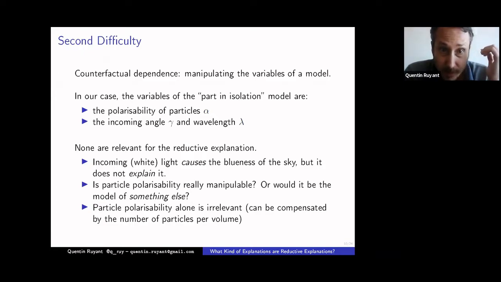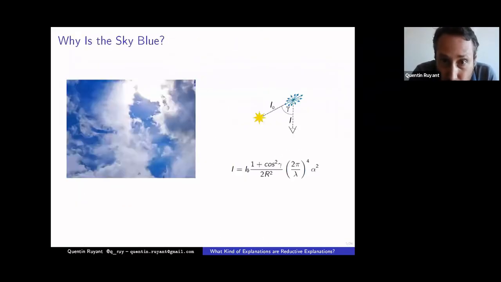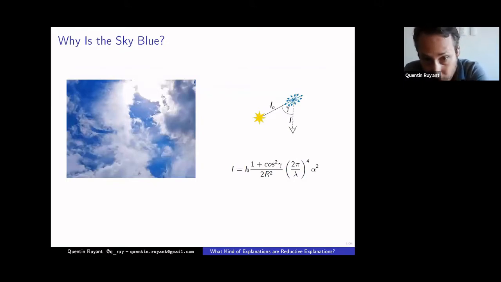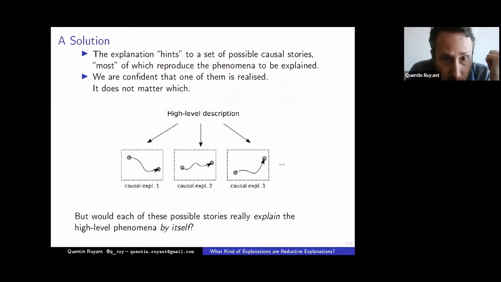So in our case, we can start with the model of one particle, the part in isolation model. If I just go back one minute, you see the parameters of the model are gamma, lambda, and alpha.